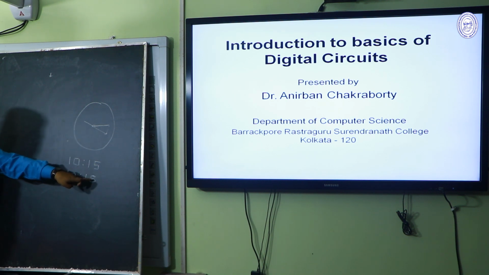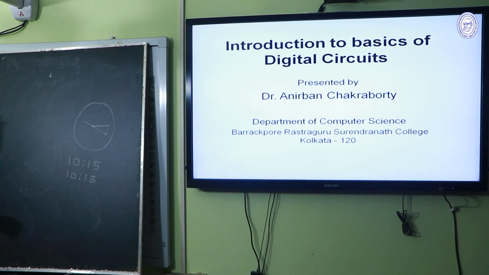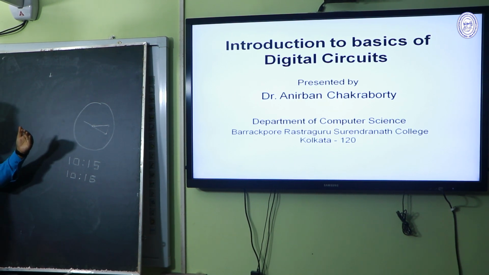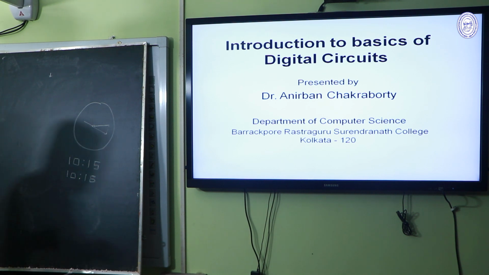However, here there is a jump from 15 to 16, either 15 or 16, no intermediate points between these two. So this is the concept of analog versus digital.